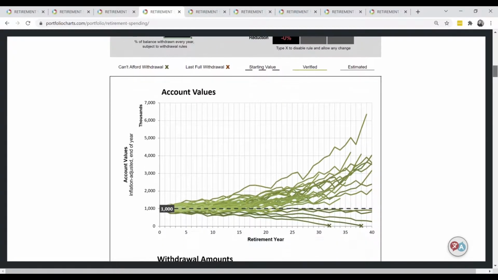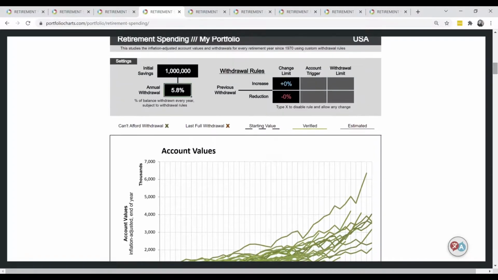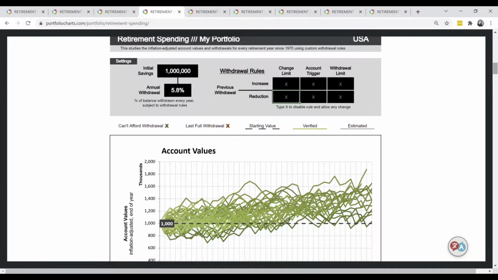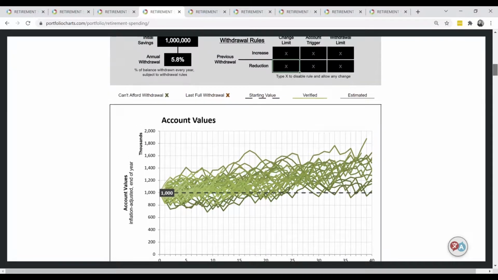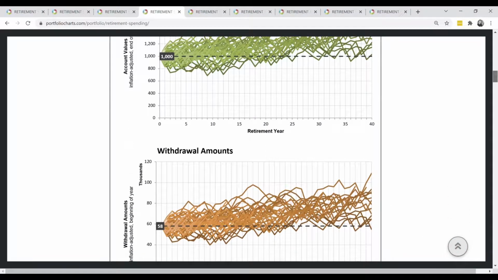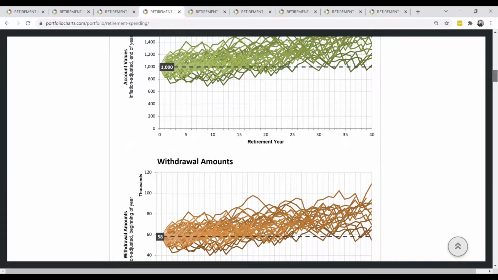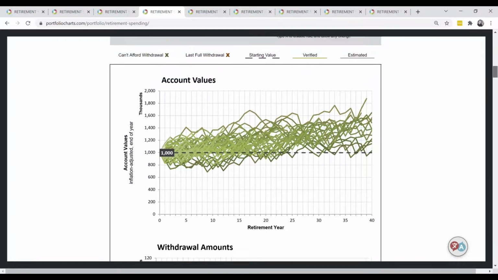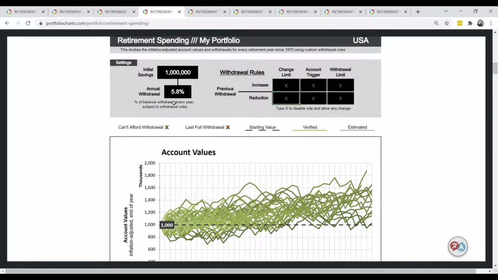Now, this is probably the most severe, though, you're going to have, because in reality, what you're probably going to be doing is withdrawing much less than that and withdrawing a variable amount. So then you also want to look at what it looks like if it's just a variable amount. If you were just to withdraw 5.8% every year, obviously it's going to be a more smooth ride if you have a lower number here.